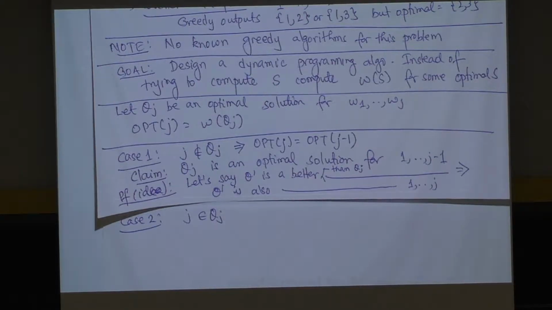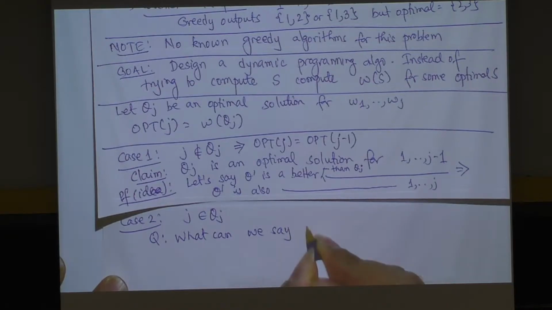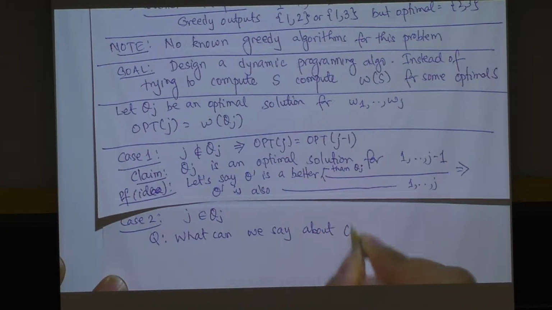Can we say that what remains is actually also an optimal solution for a smaller subproblem? So the question is, what can we say about the optimal solution by dropping the last guy?